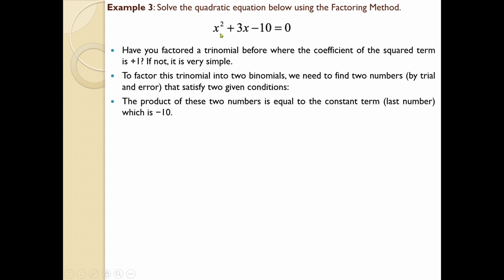But remember, in a typical quadratic equation where you are asked to find the factors using the factoring method, you need to assume two values in such a way that the product of your assumed two values is equal to the constant term, the last one, the third one.